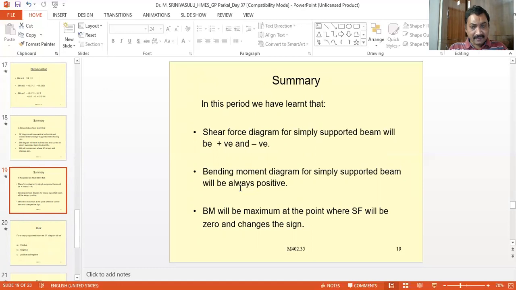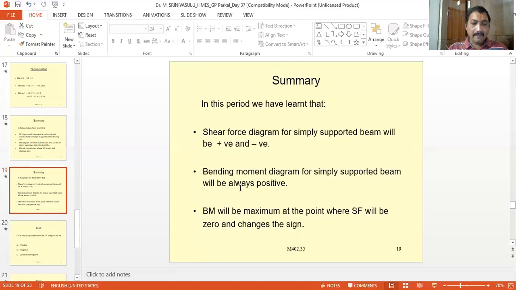The shear force diagram for a simply supported beam will be positive and negative. For the SS beam we have both positive and negative shear forces, and somewhere the shear force will cross its sign at some point on the beam.